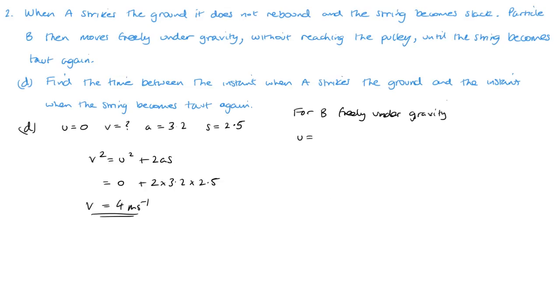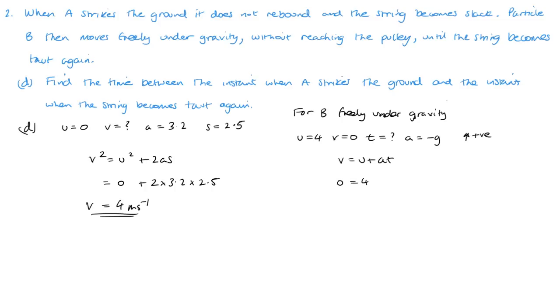We've got U is 4, V is going to be 0. We want the time, and A is going to be gravity, so take it upwards as positive because that's the direction it was moving.